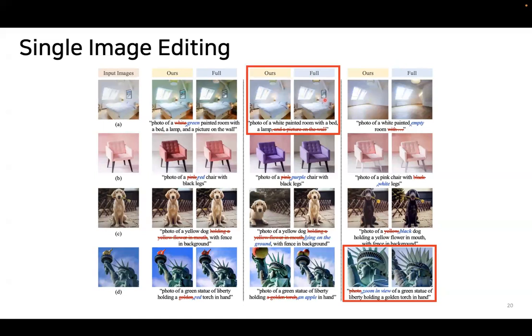So they said this is the difference between the compact parameter space and the full parameter space. By showing this, they said that they overcome the limitation of the language drift issue.